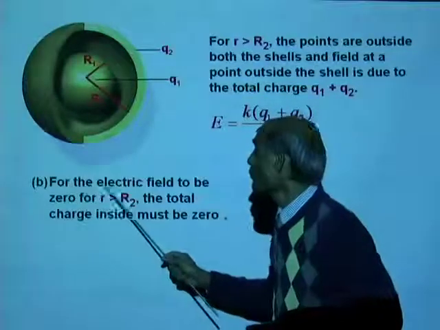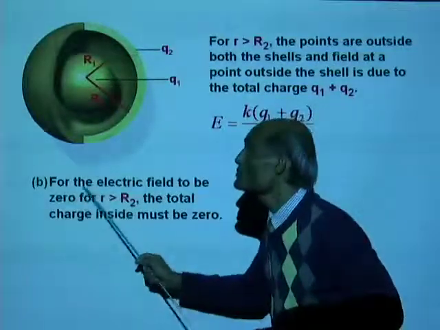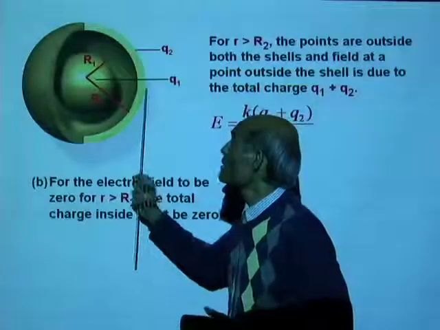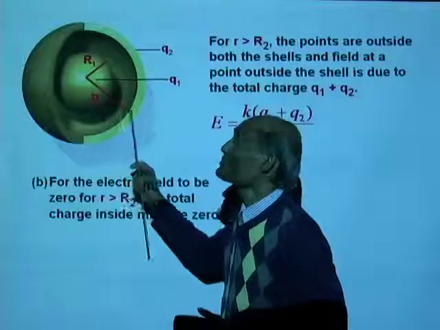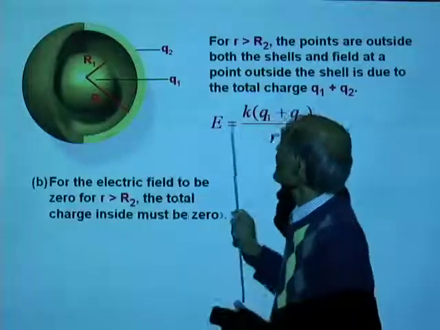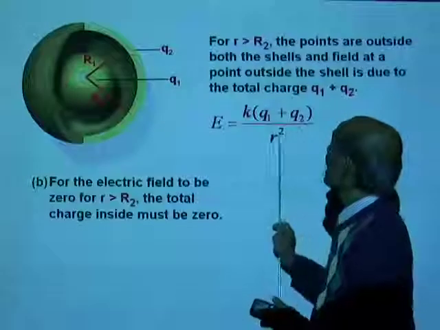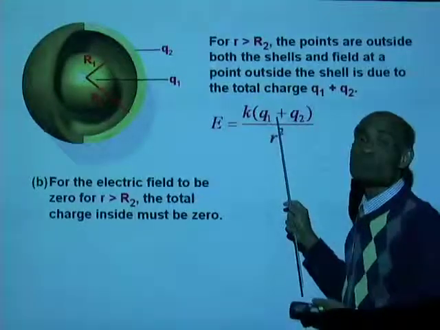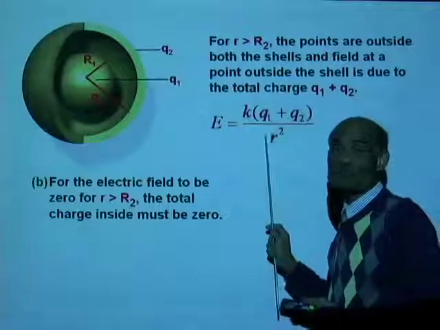And B, for the electric field to be 0. Now we have been told to find the ratio of the two charges which will result in the electric field outside being 0. Now when will this become 0? This is a rational expression.